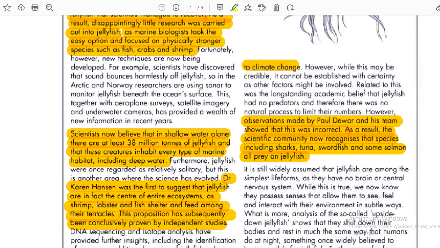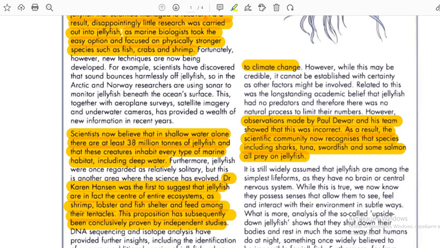So, actually, in the paragraph, previously some scientists thought jellyfish had no predators. Paul Devar has shown that this is wrong. As a result, the scientific community now recognizes that various species eat jellyfish. Therefore, Devar's findings have been accepted.